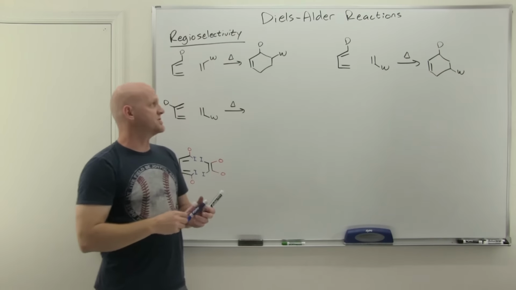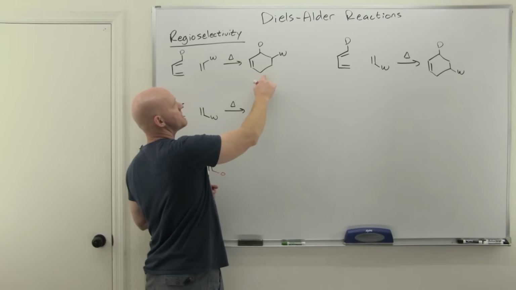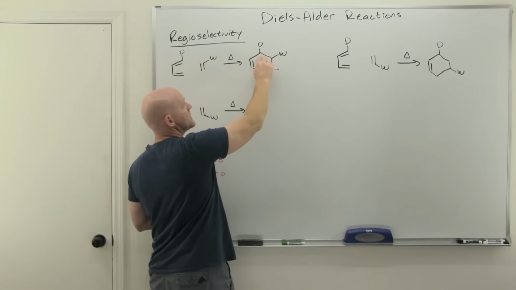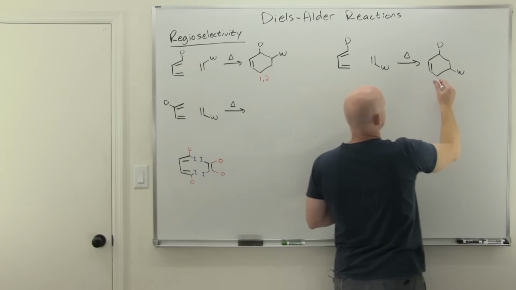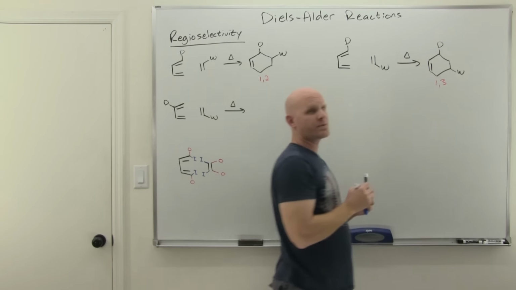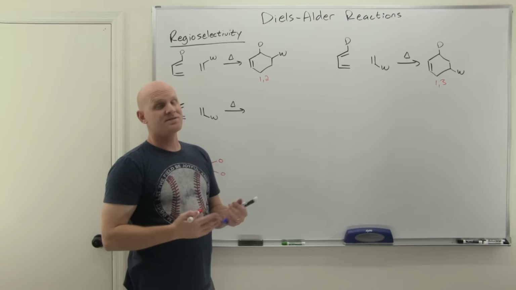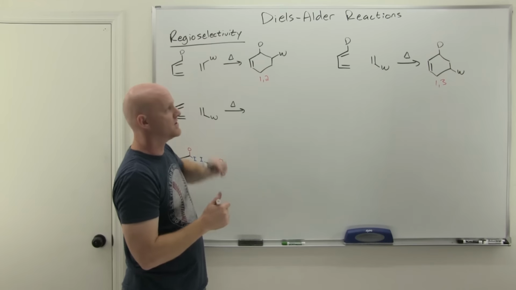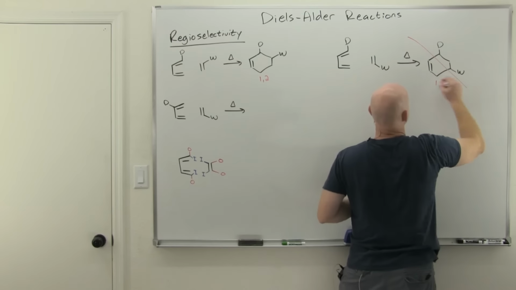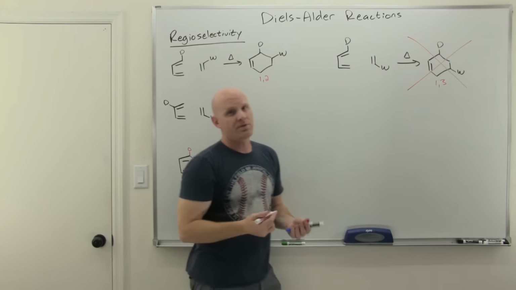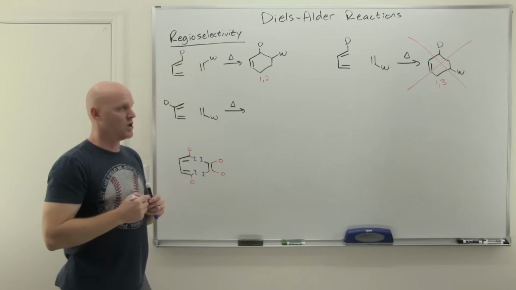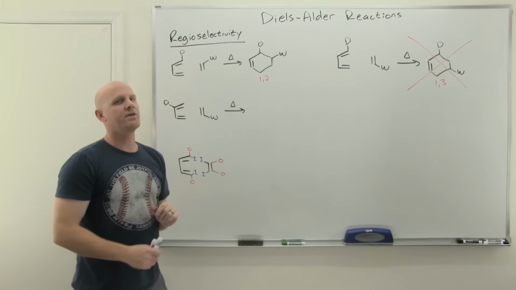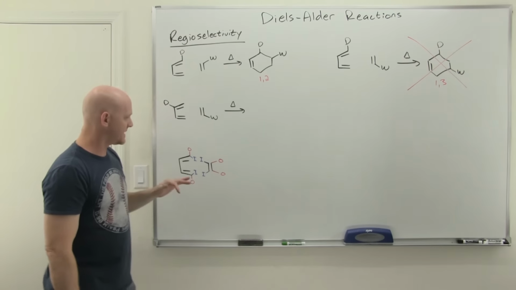Now, they often refer to this relationship right here as a 1-2 relationship between a donating group and a withdrawing group because they're on adjacent atoms, whereas here they would define this as a 1-3 relationship. In this case, it turns out when you run this reaction with a donating group and a withdrawing group just like so, you actually don't observe the 1-3 product. So there's obviously some regioselectivity going on, but you only observe this 1-2 product. Now, one little quick thing about stereoselectivity for a second.